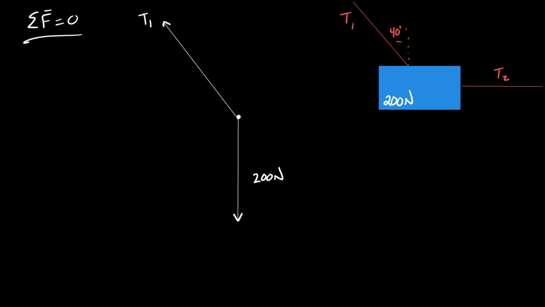Anything else? Go ahead. T2 is pulling perpendicular to the bottom arrow. This way? On the right side. Okay. So that way? Yeah. All right.